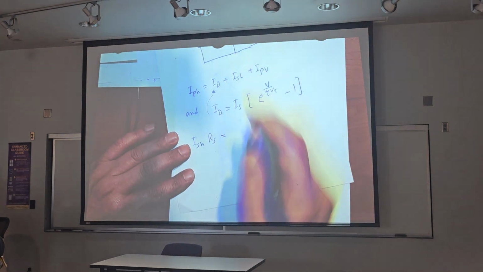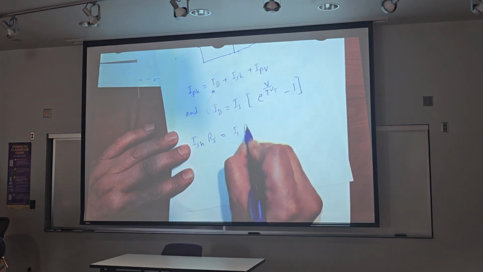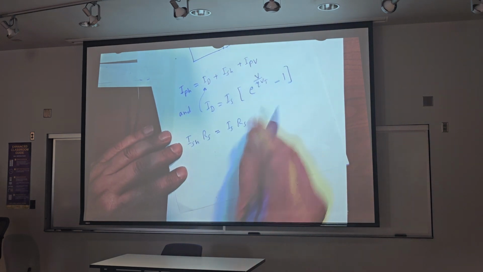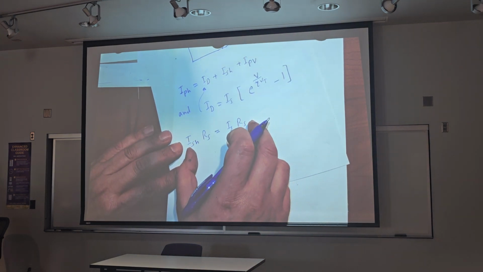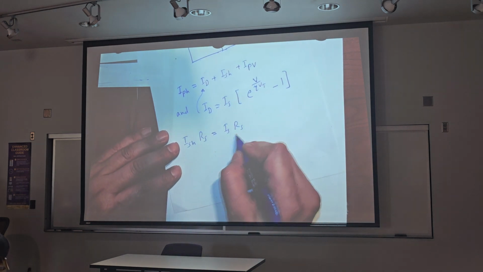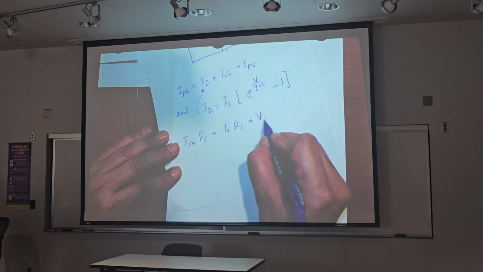I shunt equals (I_S R_S plus V) over R shunt. This derivative is not required, just the last equation is required.